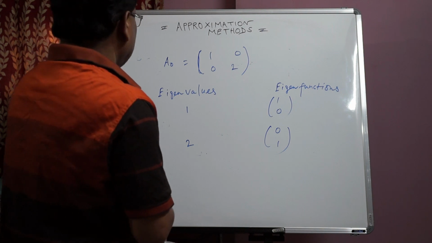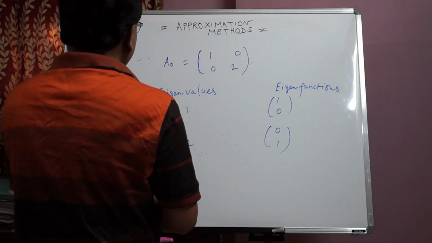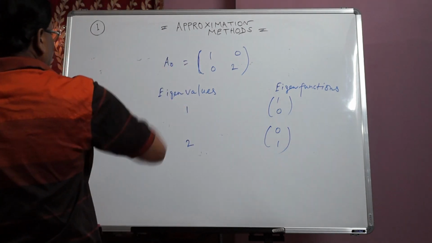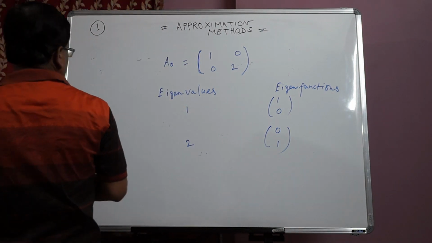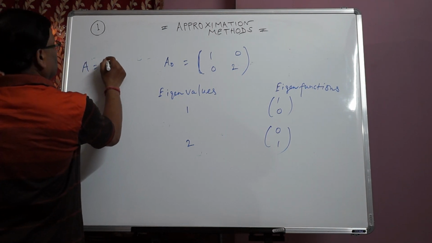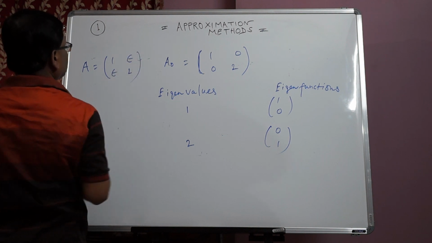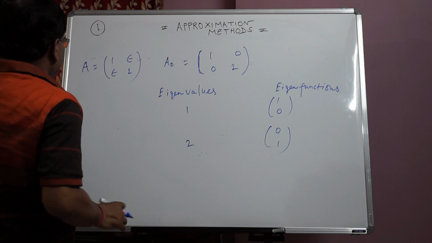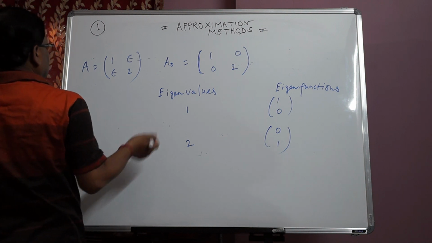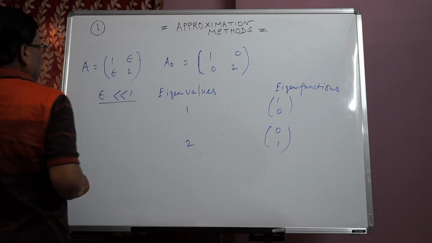Now if we add some off-diagonal part to this matrix, I can write this matrix as A equal to 1, epsilon, epsilon, 2. And for example, this time I consider epsilon is very much less than 1.